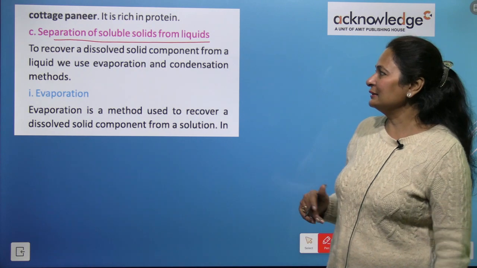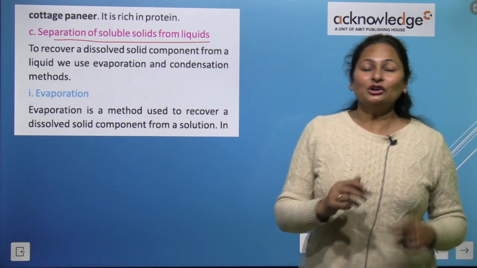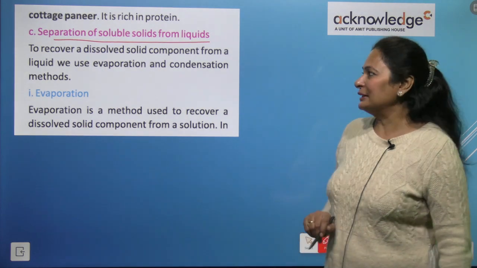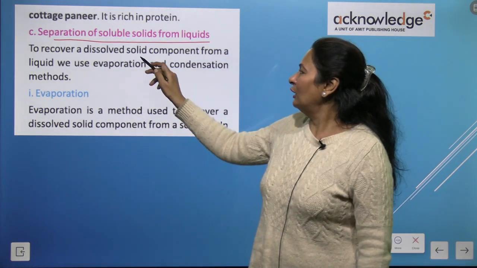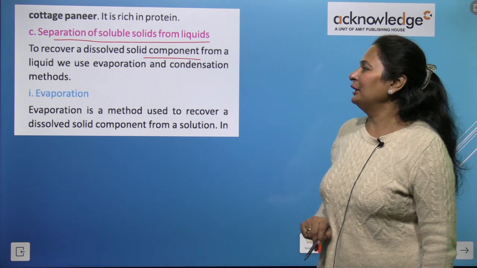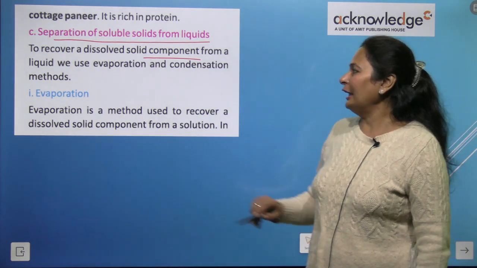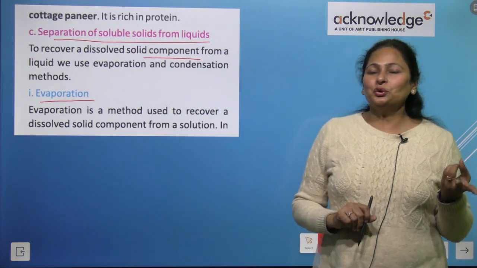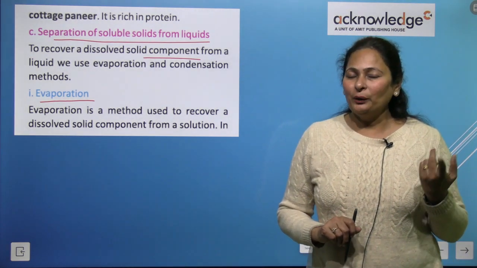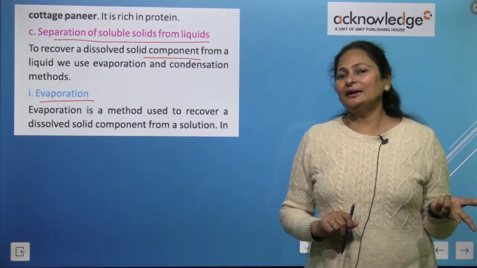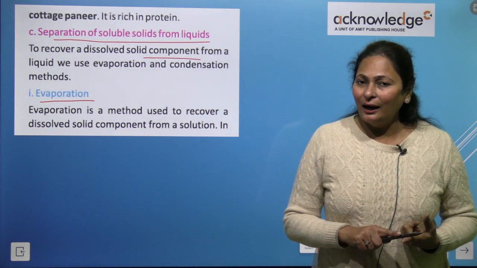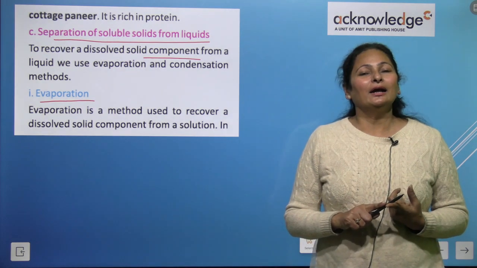Now this is the third one: separation of soluble solids from liquids. To recover dissolved solid components from a liquid, we use evaporation and condensation. Two methods we apply: evaporation and condensation. For what? For the solids that are dissolved in liquids.